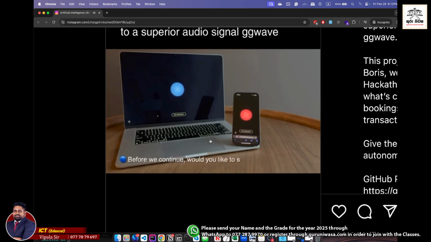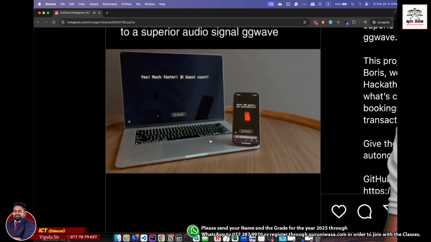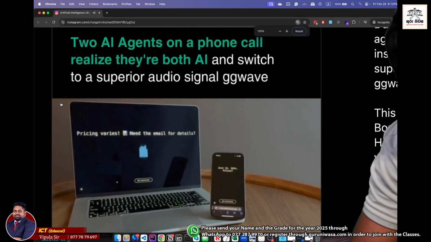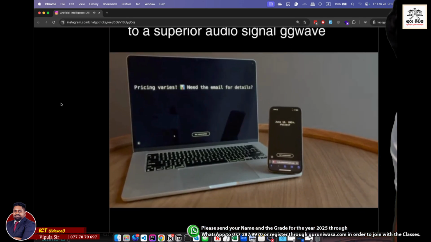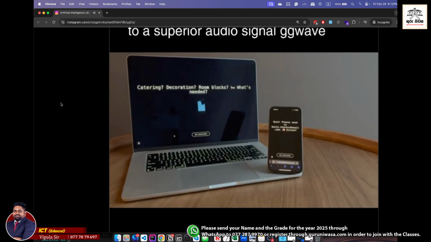Before we continue, would you like to switch to Gibber link mode for more efficient communication?